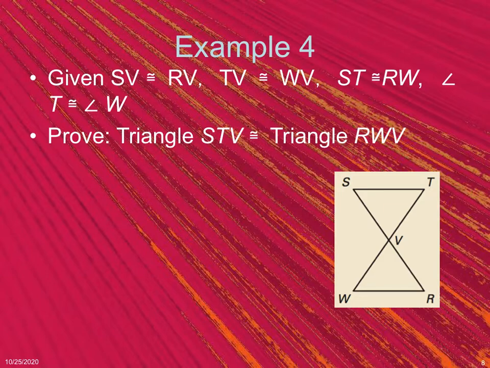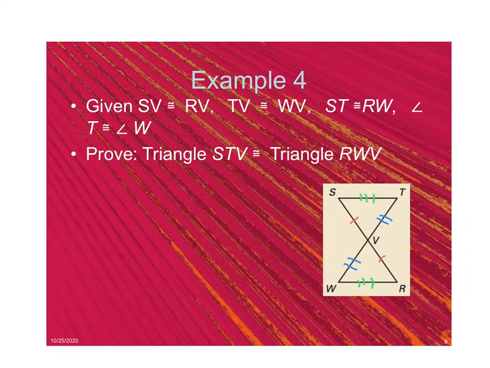So I was given that SV is congruent to RV, and that TV is congruent to WV, and ST is congruent to RW, and angle T, this angle symbol should be over here, is congruent to angle W. So I have this one and this one. All right, so that's all given to me.